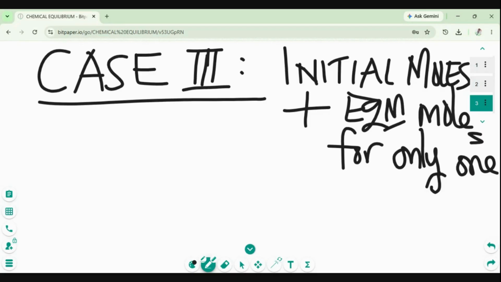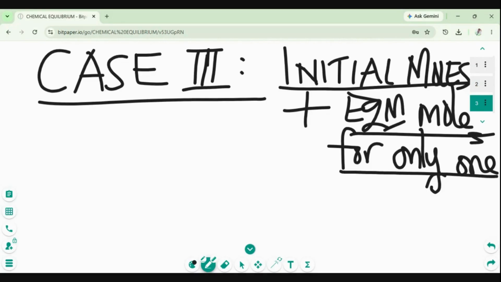You know the initial moles plus the equilibrium moles for only and only one of them. That is our case 3.